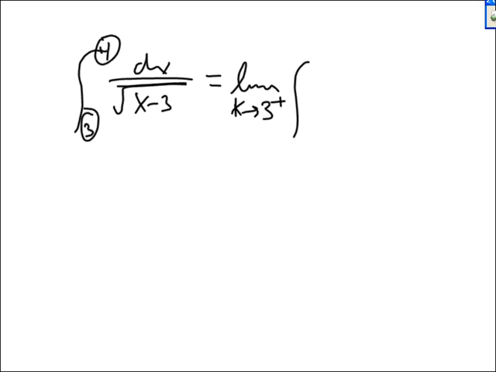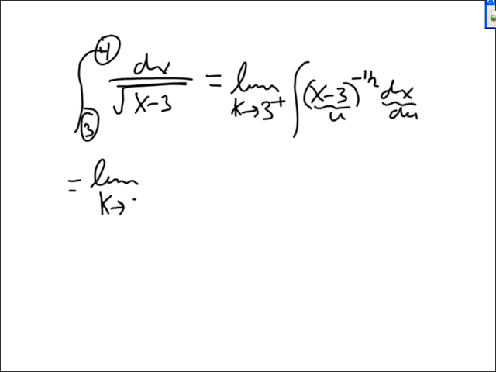Integral. Now, I'll just write it as x minus 3 to the negative 1/2 dx. Well, if I call that u, that would be du. So you have u to the negative 1/2 du. But I know that integral.